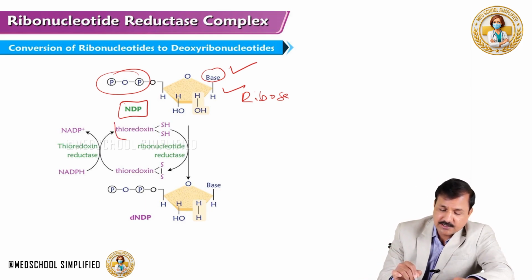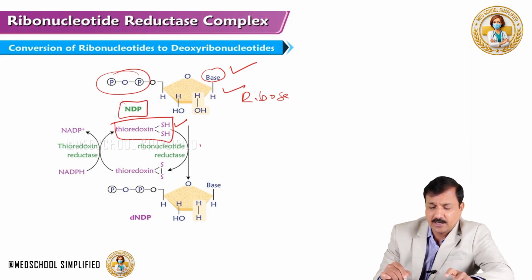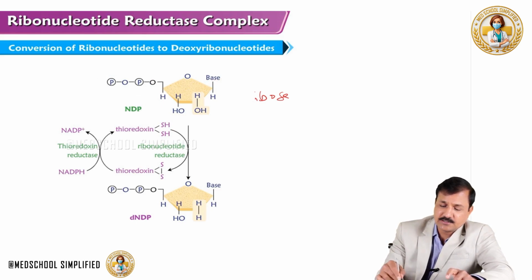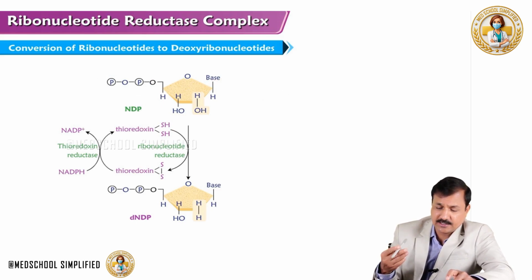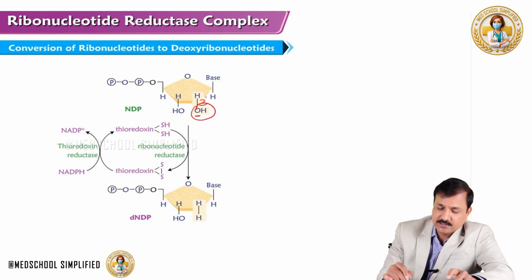Now thioredoxin has to be in the reduced state, with SH and SH available, to participate in the ribonucleotide reductase catalyzed reaction. Because in this reaction, the 3' hydroxyl group, which has OH here, is taken out and added with two protons to release H2O, a water molecule.